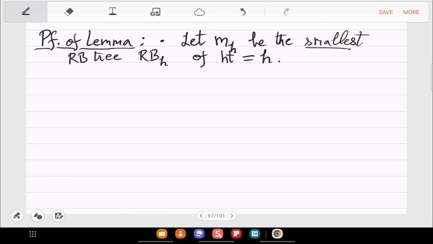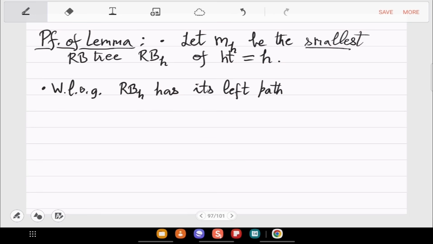And let us again find out the recurrence like we did before. So we can assume without loss of generality that this RB sub H has its left path the longest.